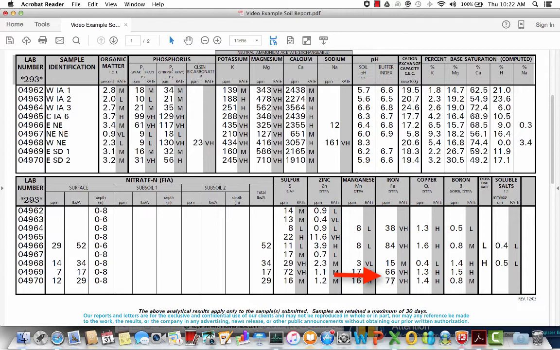What I usually tell people on micronutrients, let's just say that you're grid sampling your fields. Well, you don't want to pay for the full micronutrient analysis on all those different grid points. So instead, maybe what you'll do is 1 sample out of 5 or 1 sample out of 10, you'll check for micronutrients so that you know what your levels are.